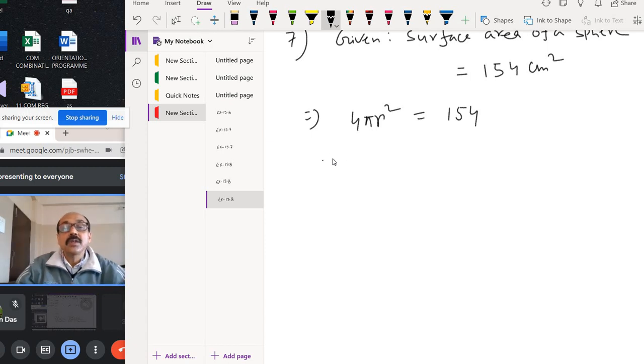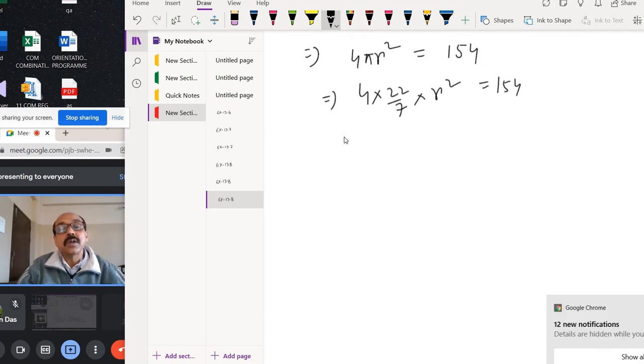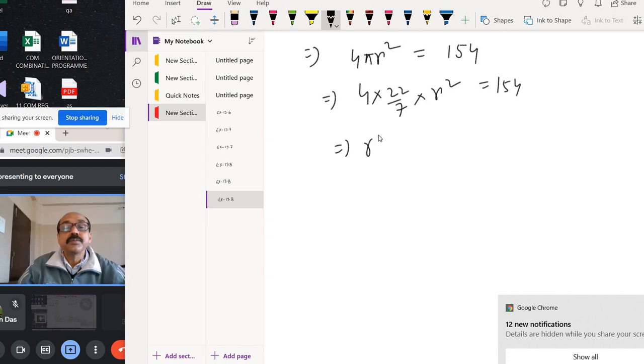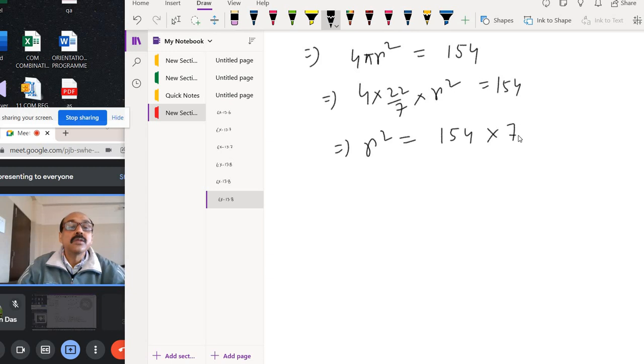Now 4 into 22 by 7 into r square equals 154. So r square equals 154 into 7 by 4 into 22. 22 into 7 is 154, so it equals 49 by 4.